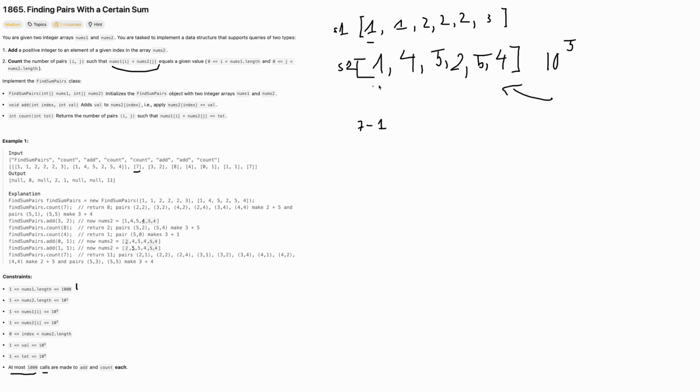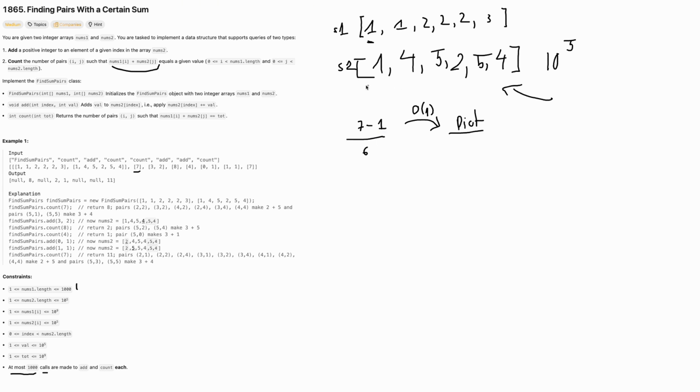Is there any element here that satisfies the problem? Then we can look it up in the dictionary. Because the operation in the dictionary is O(1) to find an element if it is unique. So here we have 6, right? That is not in the dictionary.